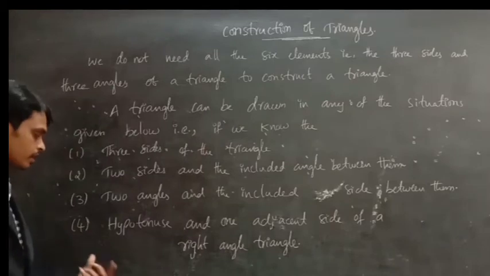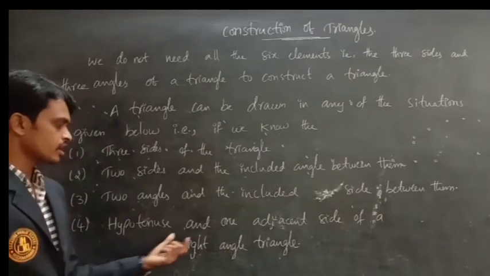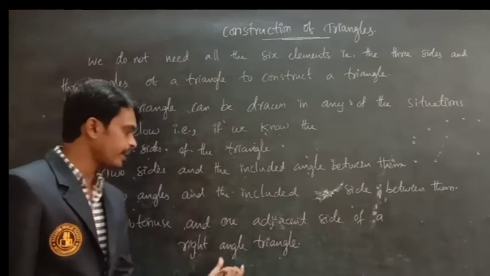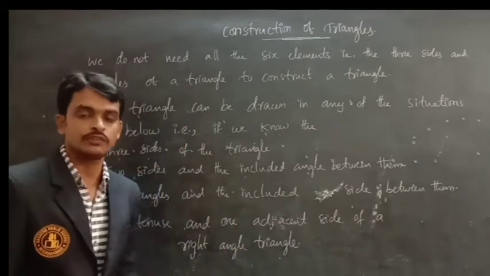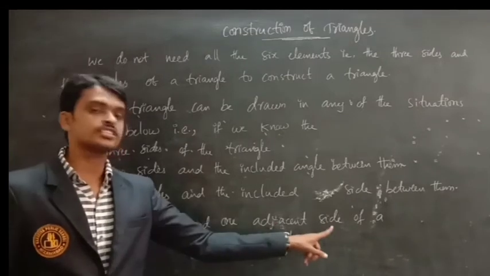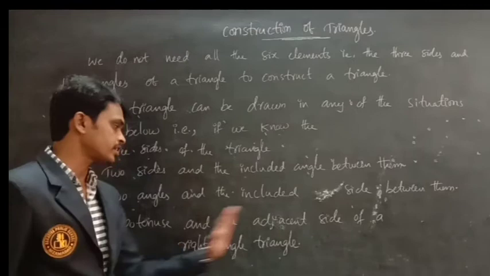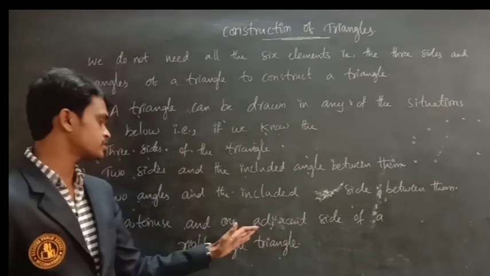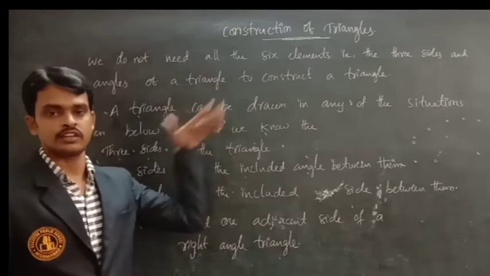And the fourth situation, hypotenuse and one adjacent side of a right angle triangle. If they give the hypotenuse and an adjacent side of a right angle triangle, then we can draw the triangle.